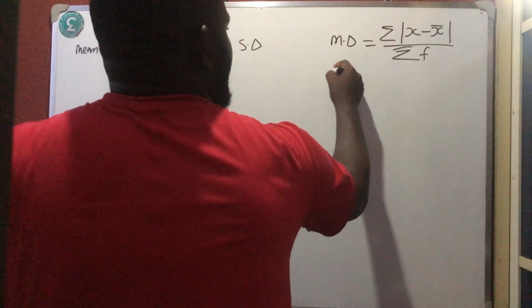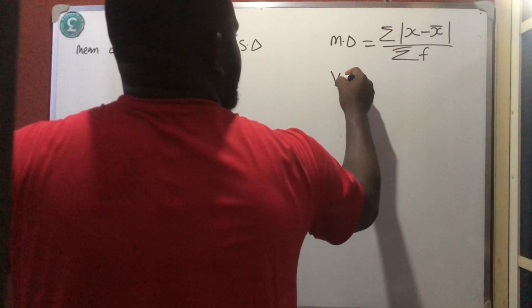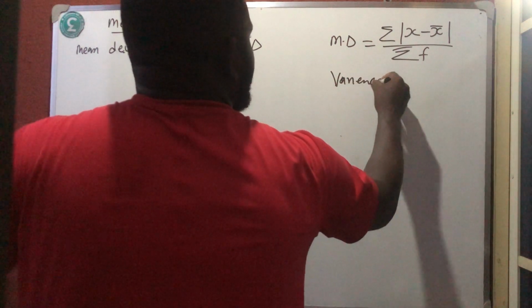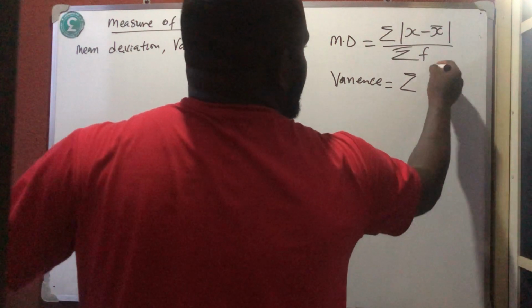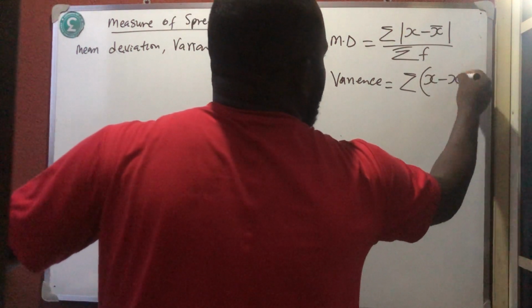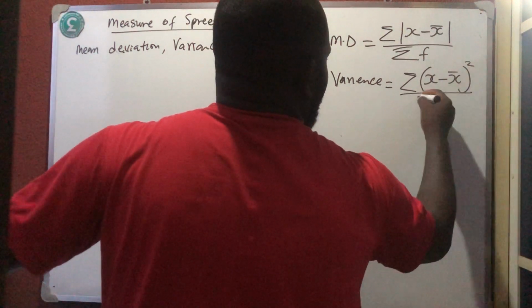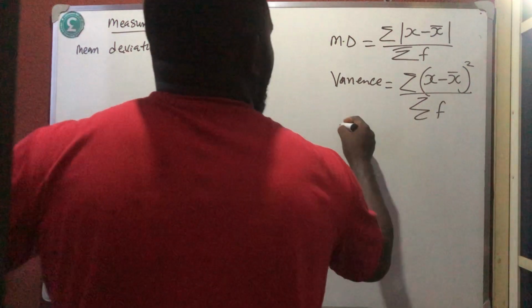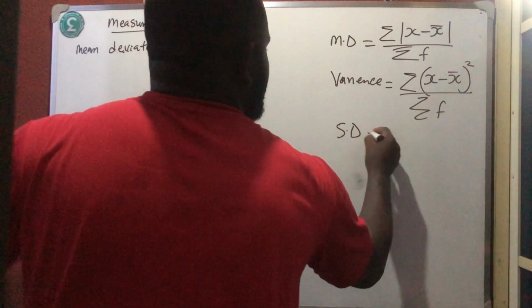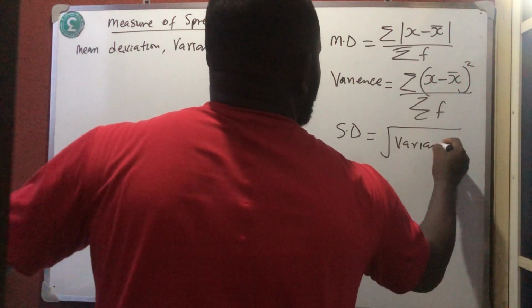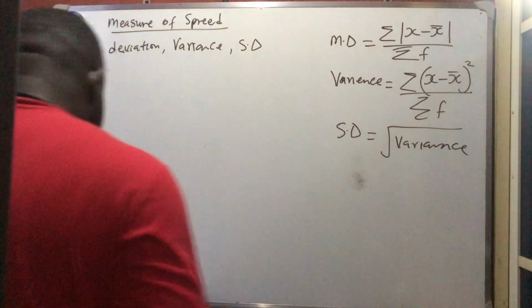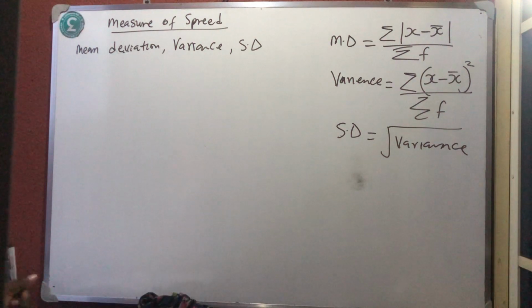But for variance, you remove absolute value and put square, so that becomes summation f of x minus x bar squared, all over summation f. While my standard deviation is simply the square root of that variance. That's all. Square root of the variance, and then you are done.